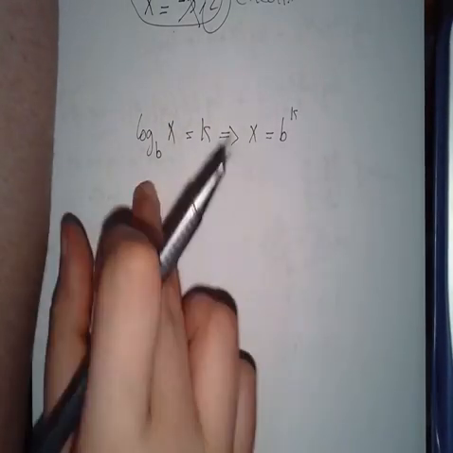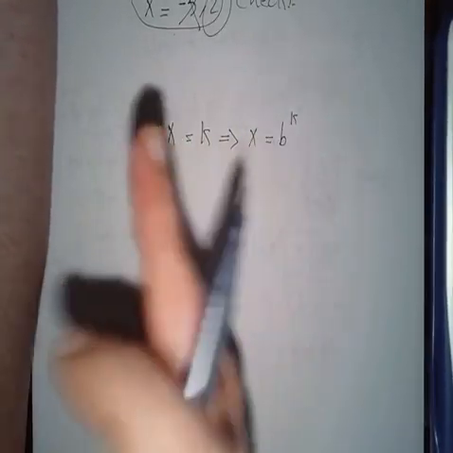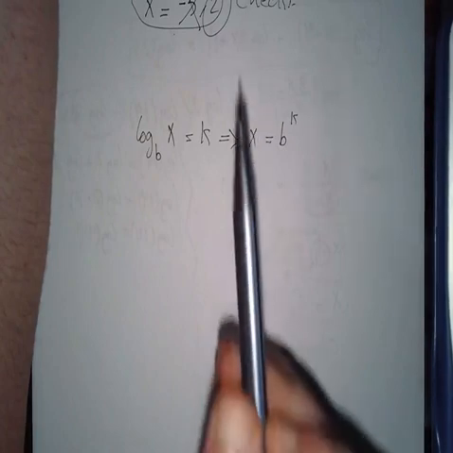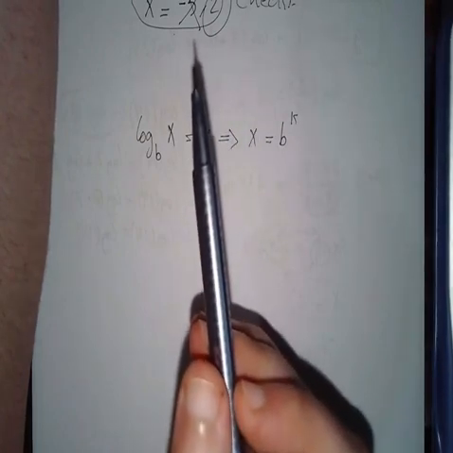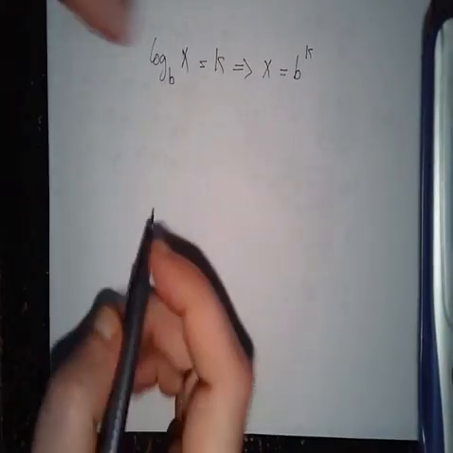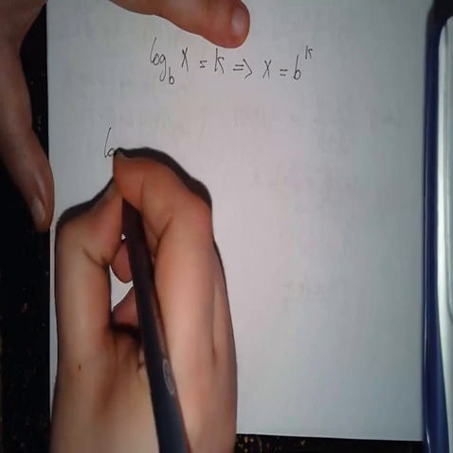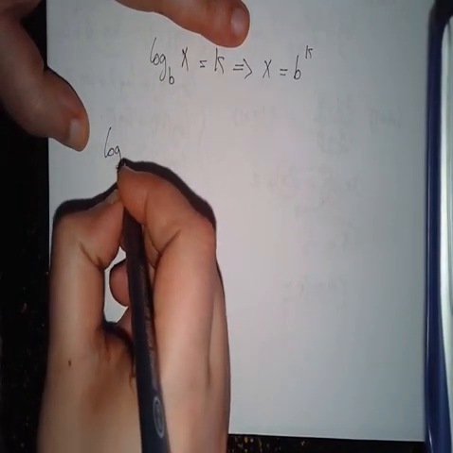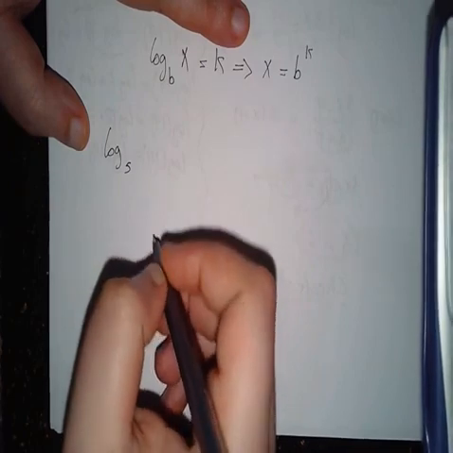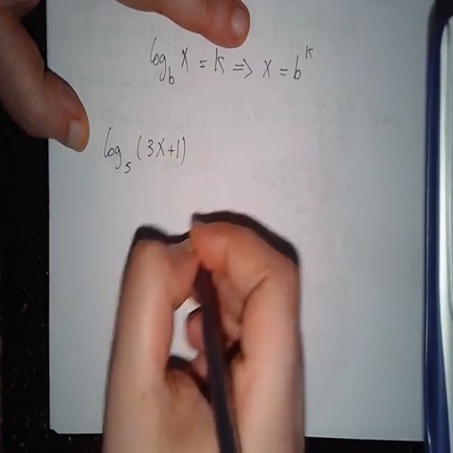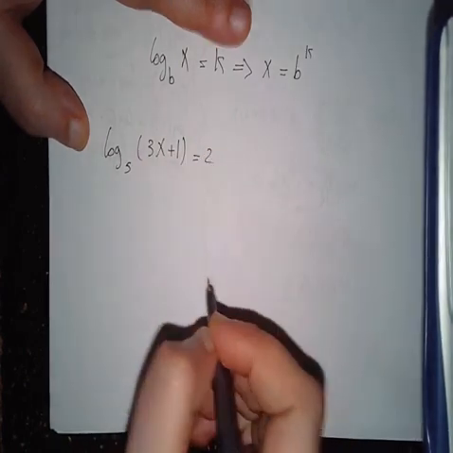Now the reason this rule is helpful is that it would save you having to go through the trouble of actually doing the equivalence property we've been using. Let me show you an example. If I give you log to the base of 5 of 3x plus 1, and it equals 2.